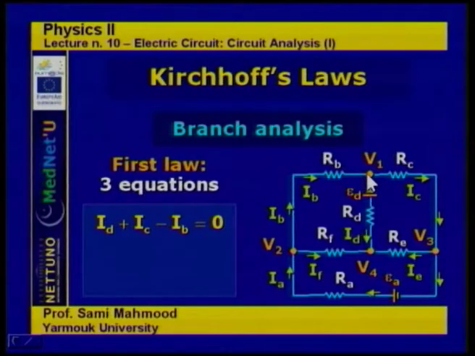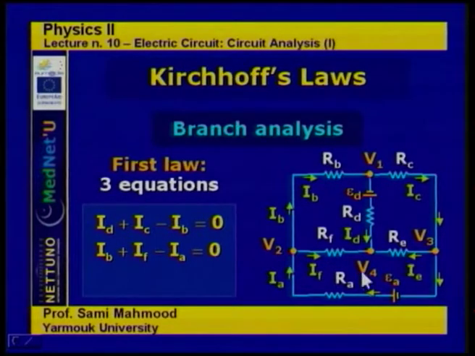Of course, after we solve the whole thing, if we find that ID has a negative magnitude, for example minus 0.5 amperes, then we realize that ID is equal to 0.5 amperes, but in the opposite direction to our assumption. But we assume these directions for the time being. So this is from the first node.